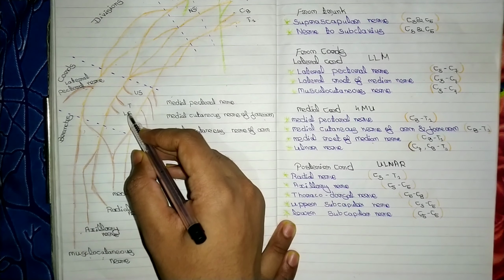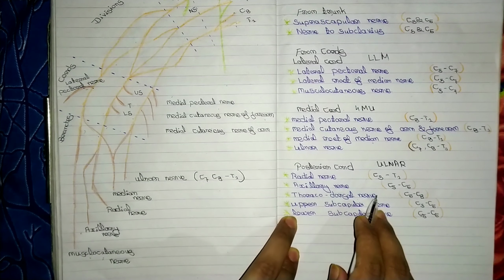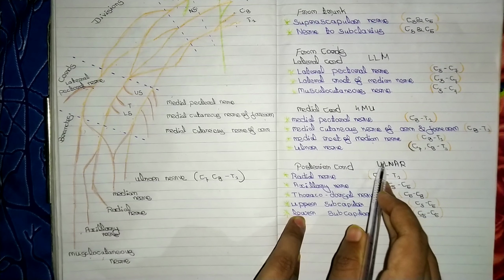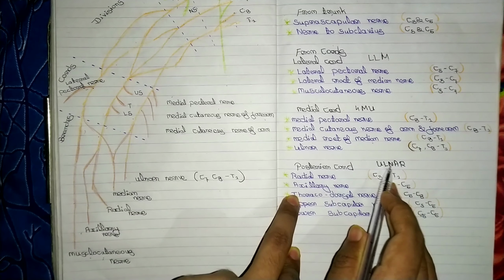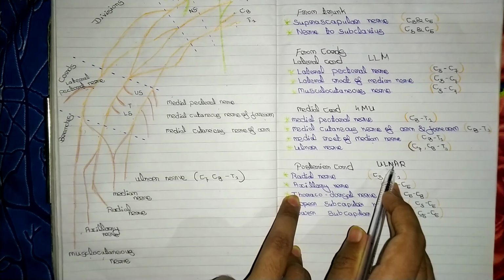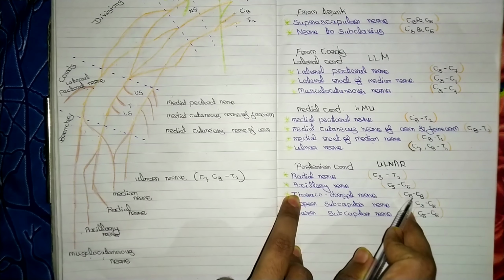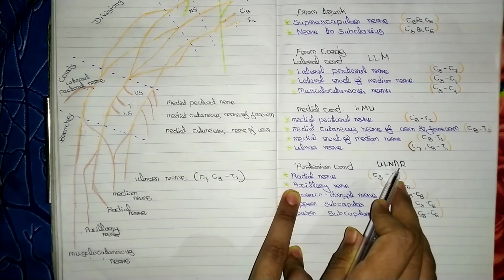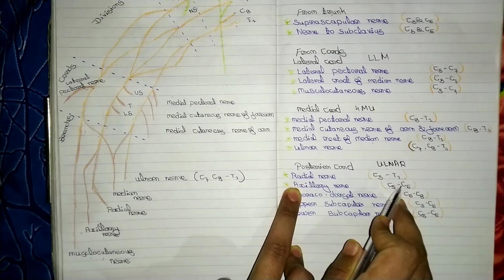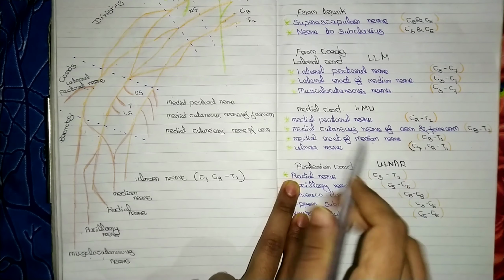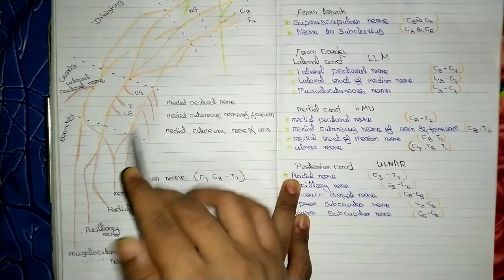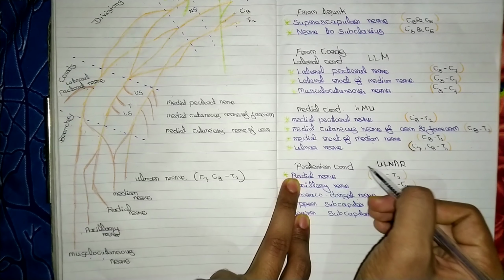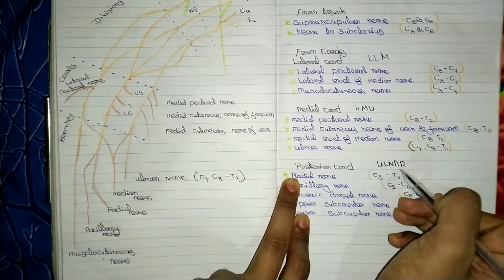N: the thoracodorsal nerve, or nerve to latissimus dorsi, with root value C6, C7, C8. A denotes the axillary nerve, with root value C5, C6. R: the radial nerve, with root value C5 to T1. We can remember it through the mnemonic called ULNAR.